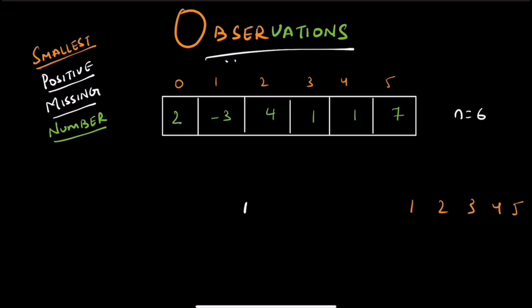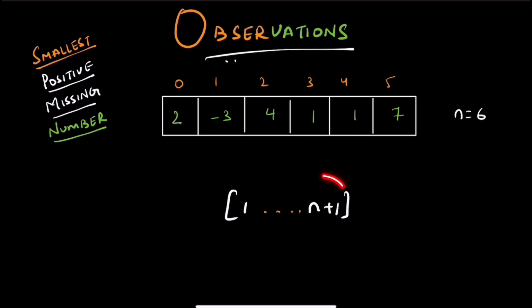From this array, what is the smallest positive missing number? We have all the elements present, right? So what can be the smallest positive missing number? 6. And what is 6? 6 is the n plus 1th number, where n is the size of the array. Agree with me? So the maximum positive missing number will be n plus 1. So whatever number we find will be within this range.